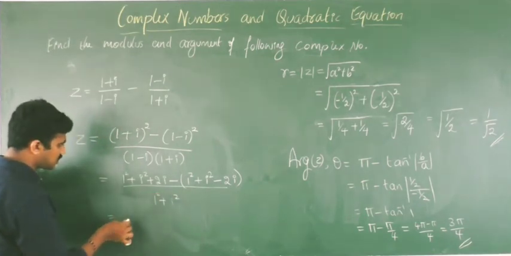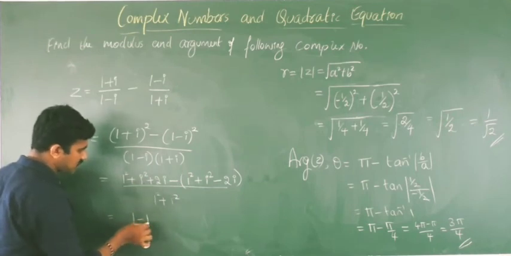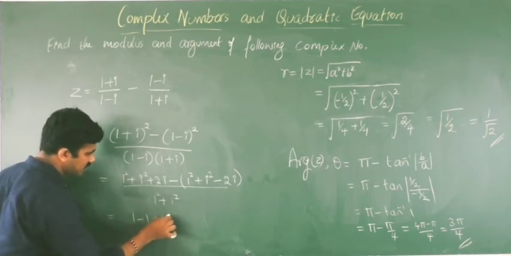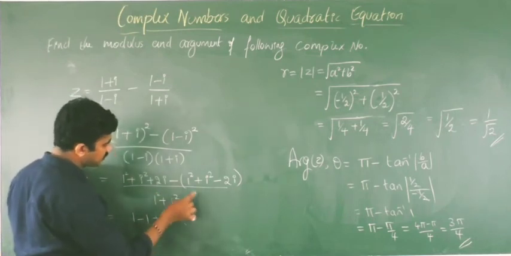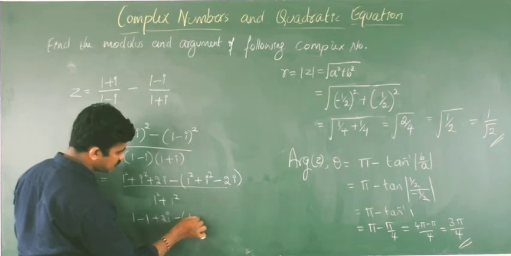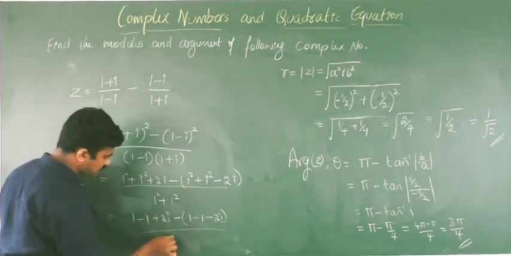And this is nothing but 1 plus i square means minus 1 plus 2i, minus inside the bracket you have 1 minus 1 minus 2i, divided by 2.